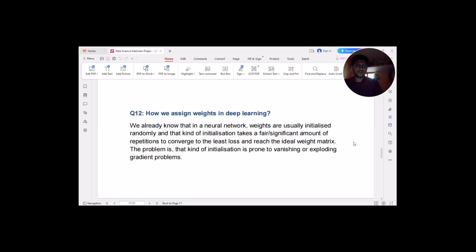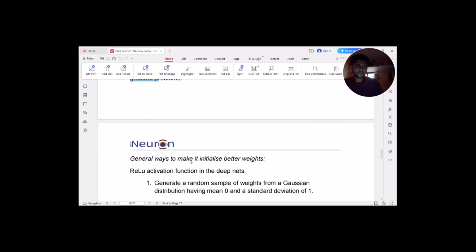So how do we assign the weights in deep learning? We already know that in neural networks, weights are usually initialized randomly, and that kind of initialization takes a significant number of iterations to converge to least loss and reach the ideal weight matrix. The problem is that this kind of initialization is prone to vanishing or exploding gradient problems.